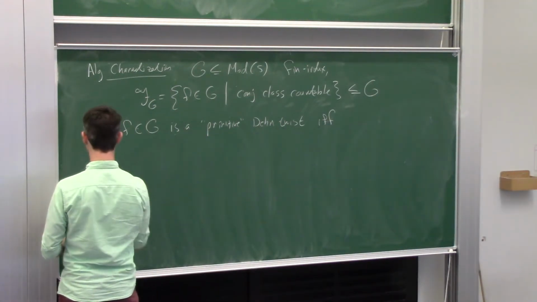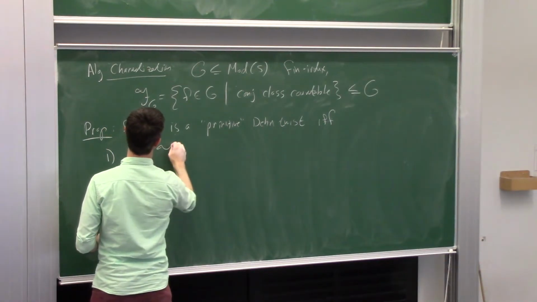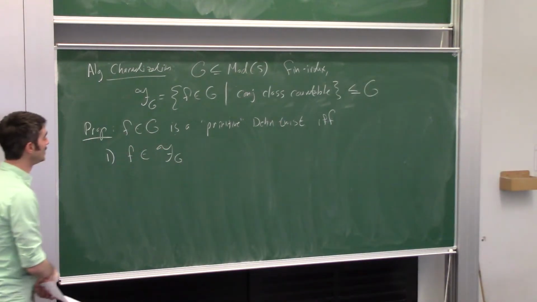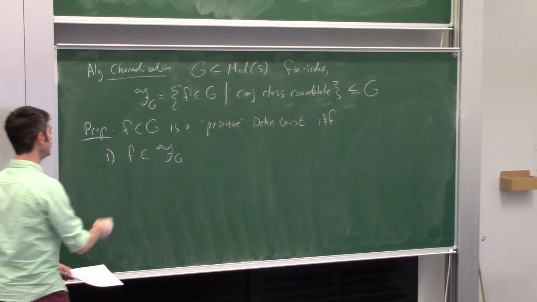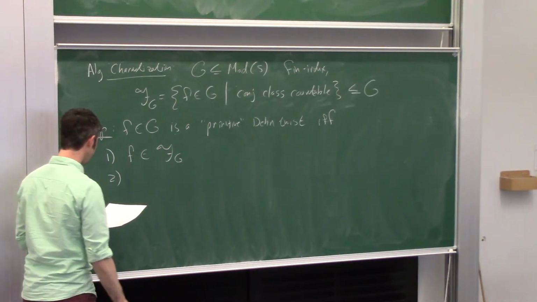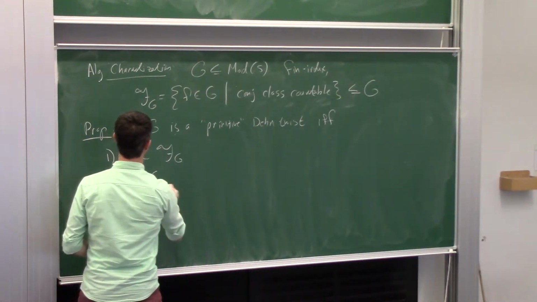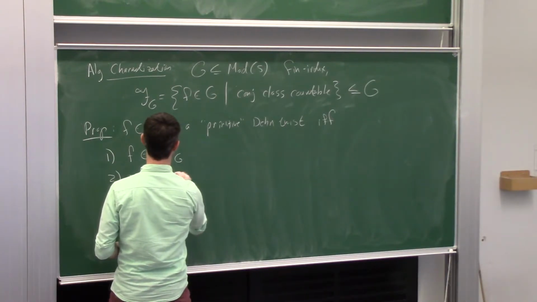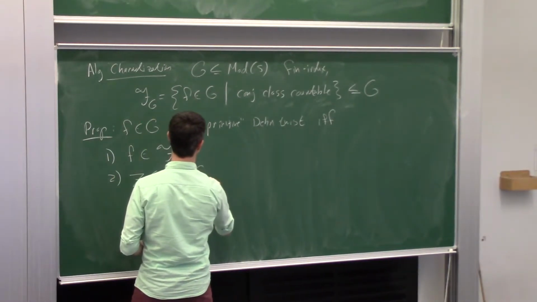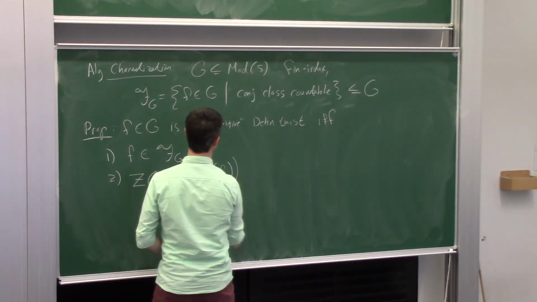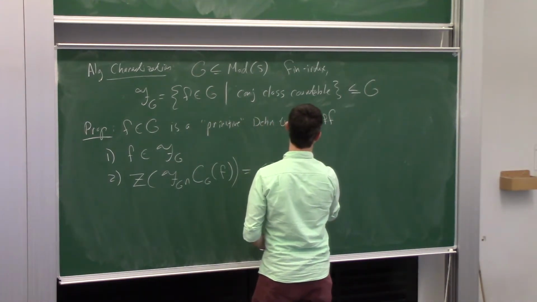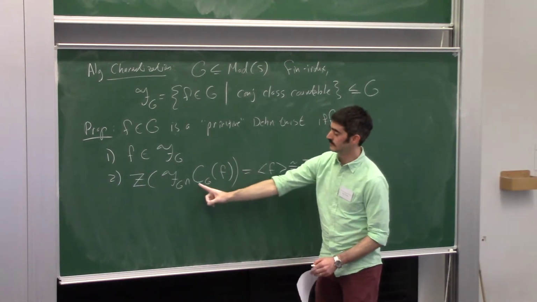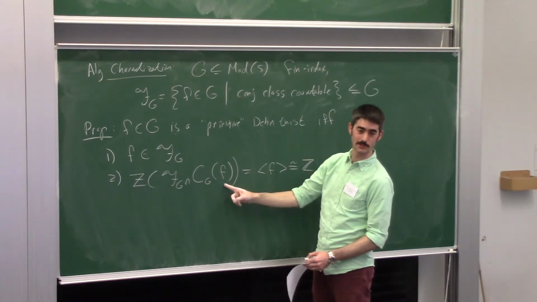So first of all, f has to be in this set f sub G, which I can characterize algebraically. Dehn twists obviously have finite type support. So that's one. Two, if I look at the center of the centralizer, this is generated by f and is isomorphic to Z. This is the centralizer of f in G, everything that commutes with f.